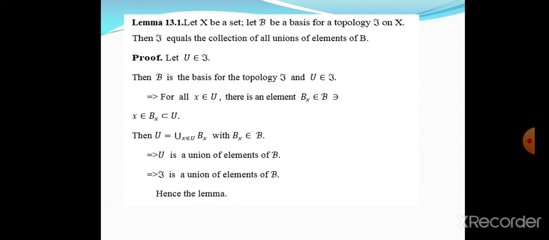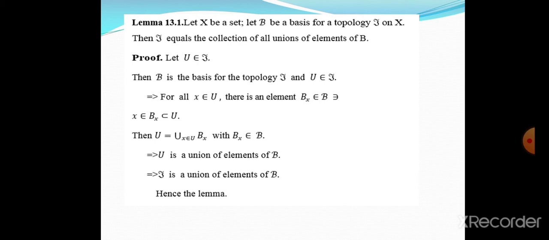By the definition of basis, for all x belongs to U, there is an element Bx belongs to script B such that x belongs to Bx, which is a subset of U. Then U equals the union of the Bx, because you want to prove tau equals the collection of all unions of elements of B.